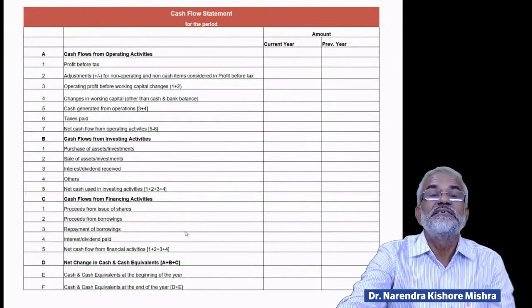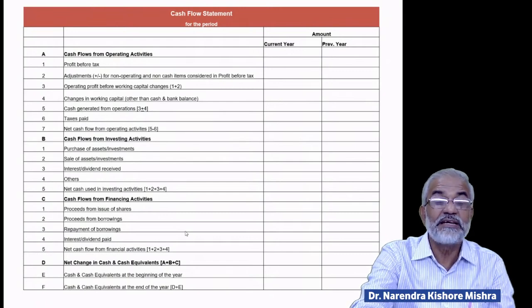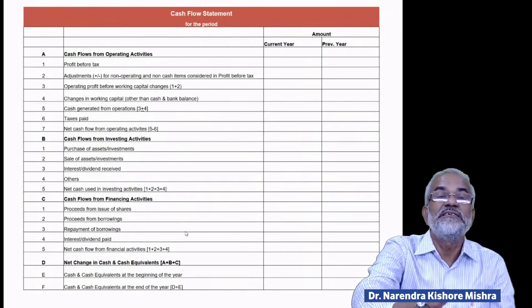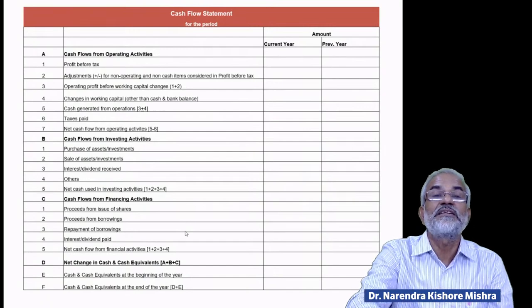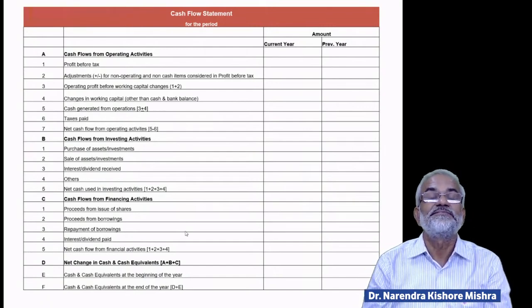What would be the cash from operation? What would be the cash from investment? What would be the cash from financing activities? This is the statement which speaks about the details of the preparation of the cash flow statement from different activities. First one is profit before tax, otherwise called the PBT.